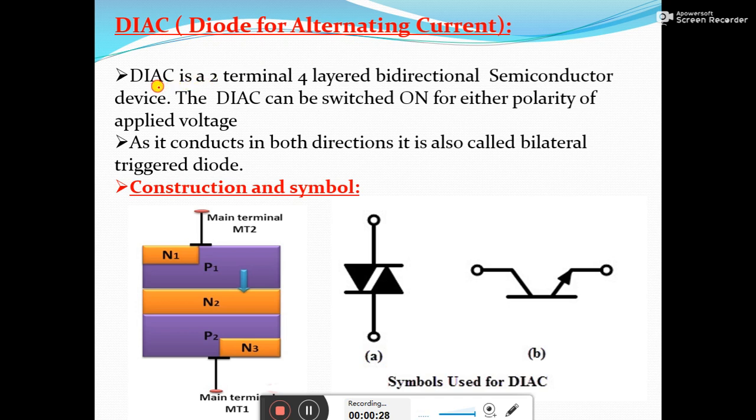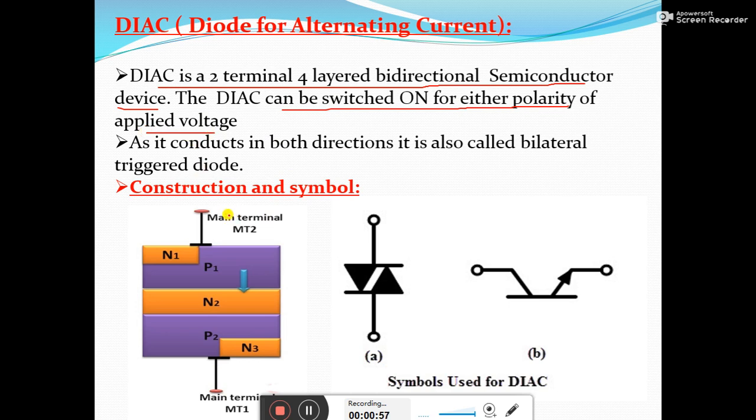Diac is a two terminal and four layered bidirectional semiconductor device. There will be only two terminals, MT2 and MT1, and there will be four layers, and it is a bidirectional device. Bidirectional in the sense that current can flow from MT2 to MT1 as well as from MT1 to MT2, or you can say the diode can be switched on for either polarity of the applied voltage.